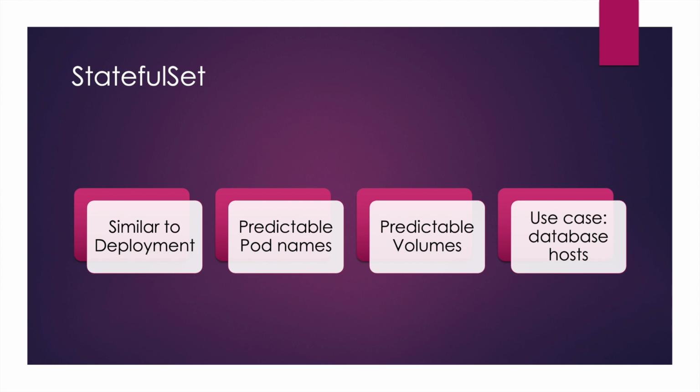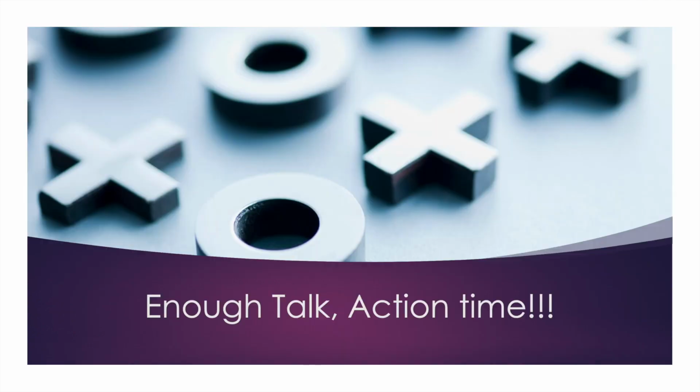It gives predictable names to the volumes, so those same pods can have the same volumes attached even if the pod goes bad and is terminated and is created again. The naming scheme basically makes sure that the same pods with the same name attach to the same volumes. Okay, that's enough of theory. Let's see everything in action.